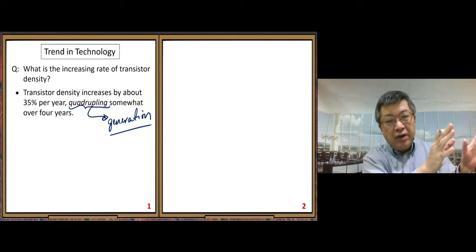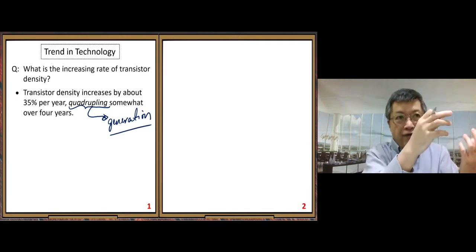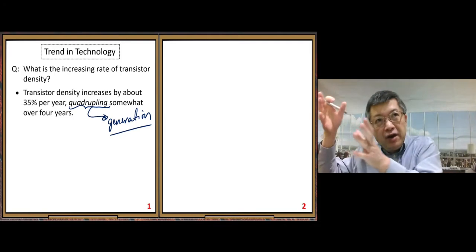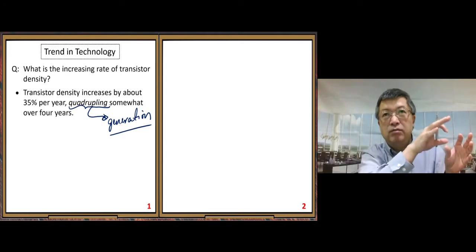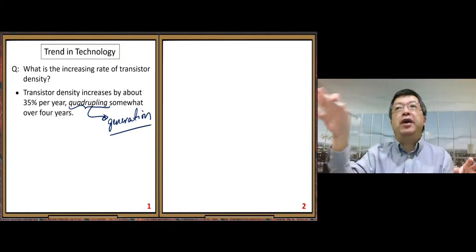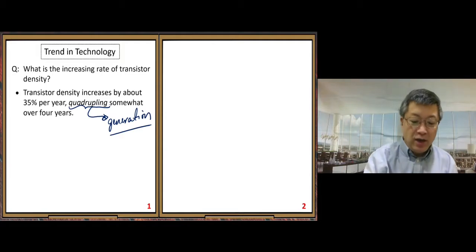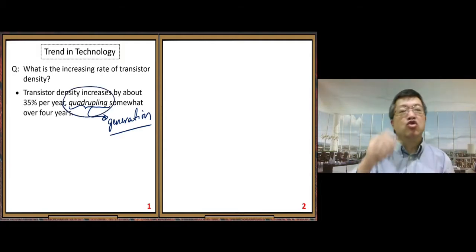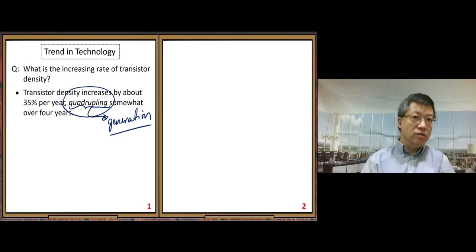So the current generation, the density is this much. If after certain years you get 4 times of that specific transistor density, you move to the next generation. So that's the reason quadrupling is used related to the generation.